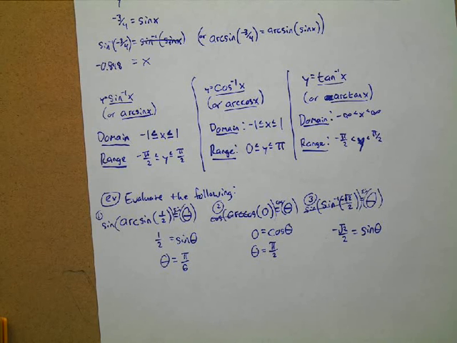And if you look here, that 7 pi over 4 is within that, but we can't call it 7 pi over 4. What should we call it? Negative pi over 4.